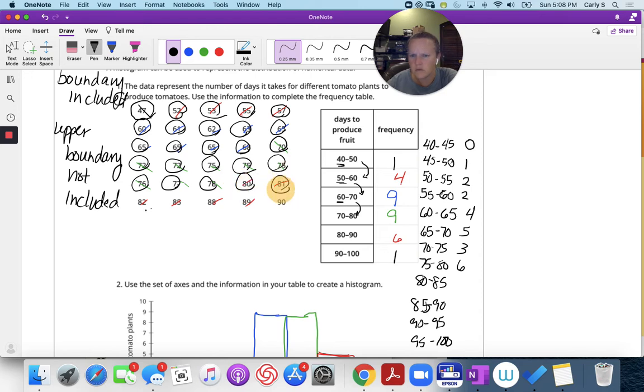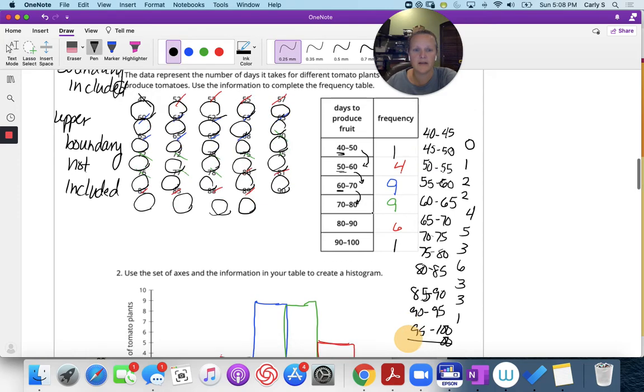Then 1, 2, 3. I think that says 85. 1, 2, 3, and 1. There weren't any there.